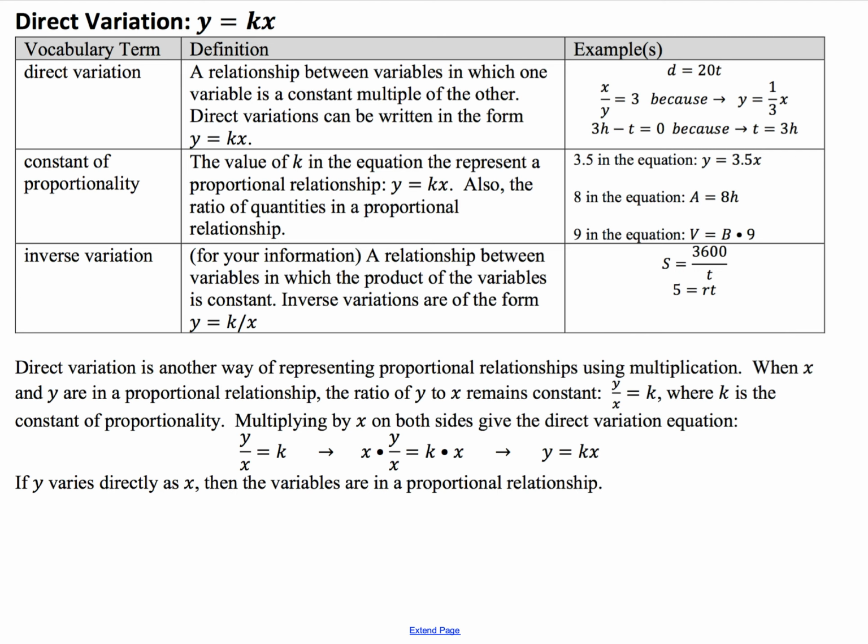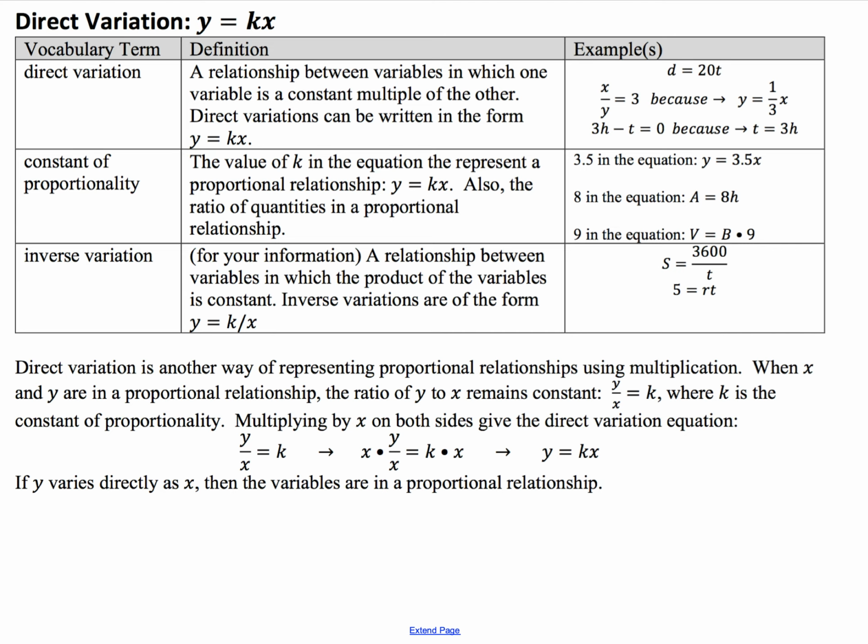Direct variation is another way of representing proportional relationships using multiplication. When x and y are in a proportional relationship, the ratio of y to x remains constant. Y over x will equal k. K is the constant of proportionality. Multiplying by x on both sides gives the direct variation equation. So see that we have y over x equals k.